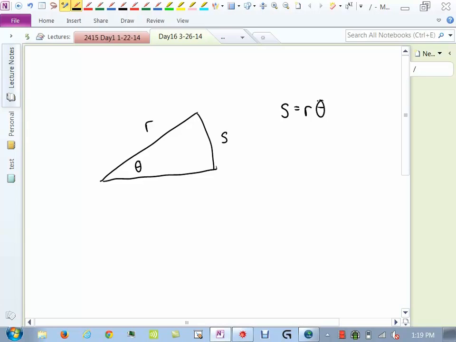So, for example, what is the circumference of a circle of radius r? If the radius of a circle is r, what's its circumference? Well, you go all the way around, don't you? Instead of this one up here where it's just that part, I want to go all the way around. So what's r in this one? Well, just r, right?